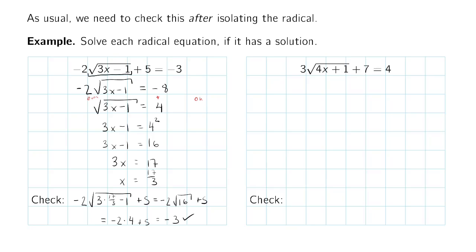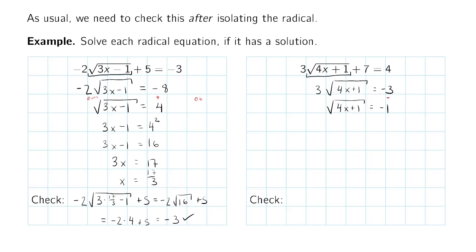Okay, over here we have 3 times the square root of 4x plus 1, plus 7 equals 4. We'll start by subtracting 7 on both sides. So we'll have 3 times the square root of 4x plus 1 is negative 3. We'll divide both sides by 3, and we'll have the square root of 4x plus 1 is negative 1.